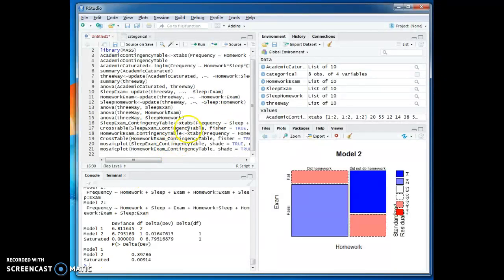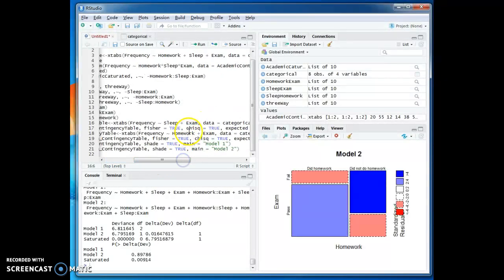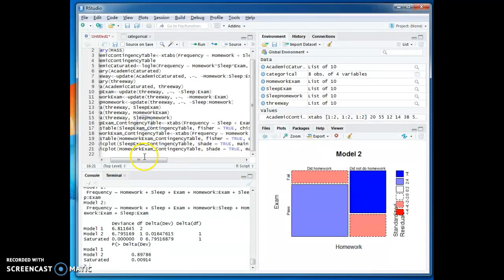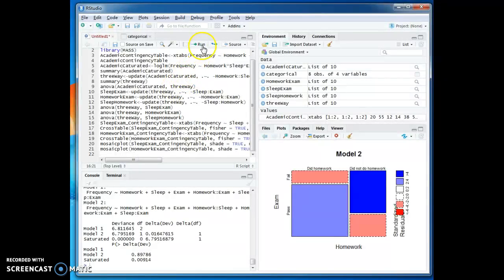Next, we are going to do the follow-up analysis, which is a chi-square test. Right here, we create the contingency table that includes sleep and exam. We want to see the interaction between them.